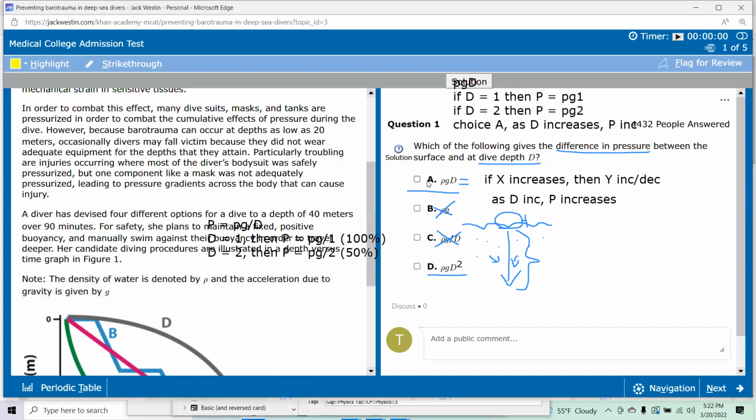So now the part where we have to determine A versus D, right? If you know the equation already, then this is easy, because this is just the equation for pressure, for hydrostatic pressure, for water pressure. So if you knew the equation already, you would easily be able to say what the answer is. If you didn't know what the equation was, it would be a harder time, because what you would have to do is, what did I teach you guys about solving these problems?